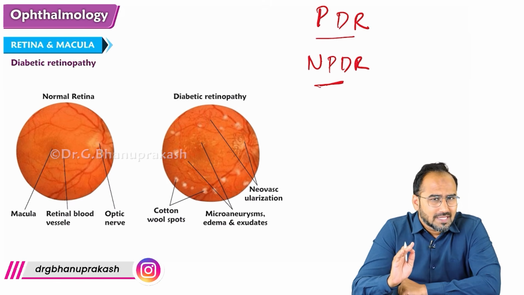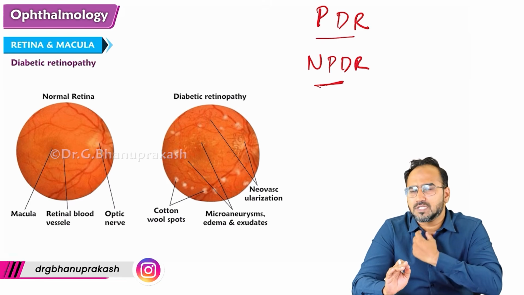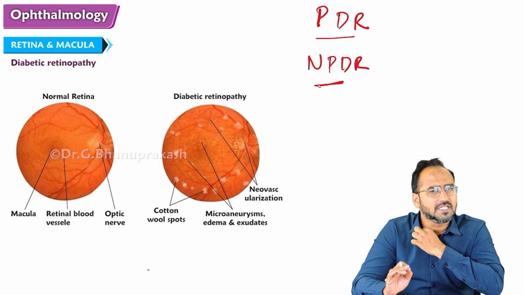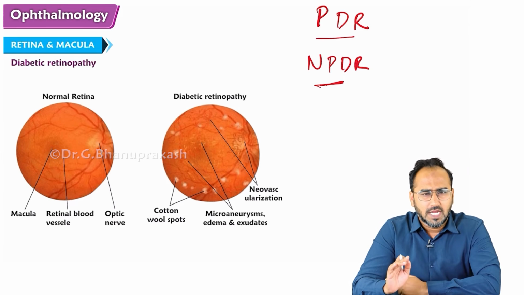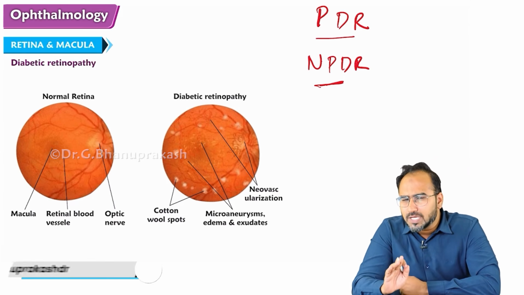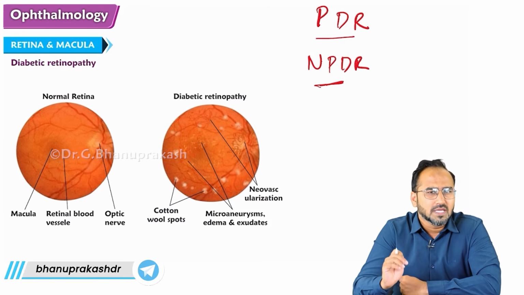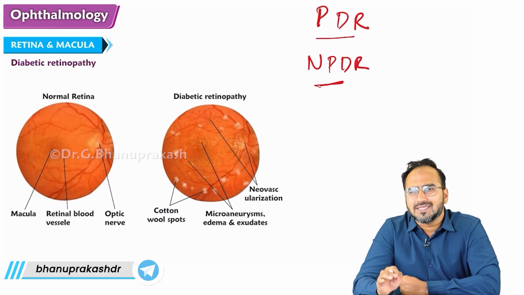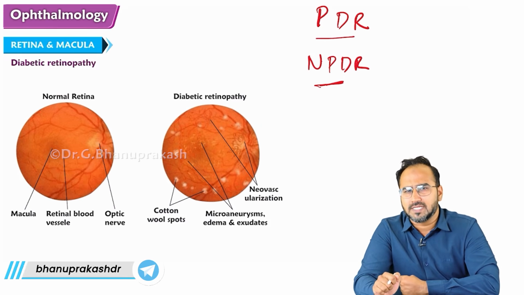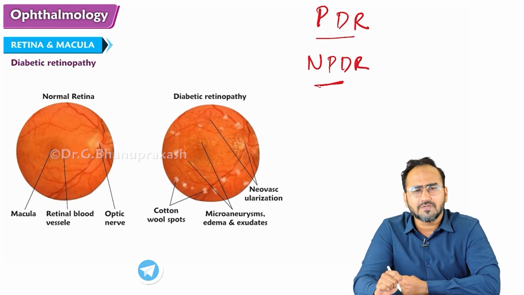I told you diabetic retinopathy's earliest feature is microaneurysm, hallmark feature is neovascularization. If I give you microaneurysm and neovascularization as options, in which diabetic retinopathy will you put neovascularization? Proliferative or non-proliferative?